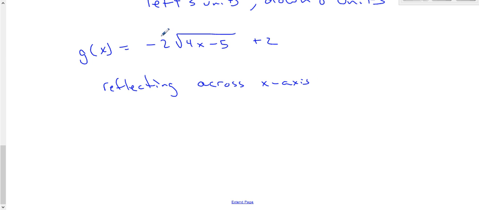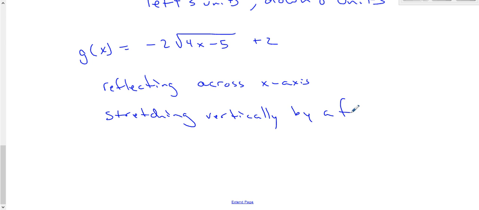The 2 is greater than 1, so this is stretching, again vertically, up and down, by a factor of 2. Also on the outside is this plus 2, so this is shifting up 2 units. Those are all the vertical transformations.